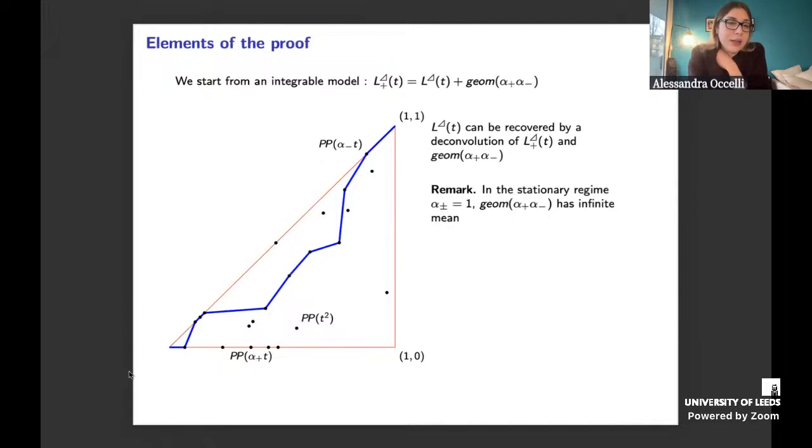We want to do this also because in the regime that you're interested in, the geometric random variable has infinite mean, so it will give a singular term.